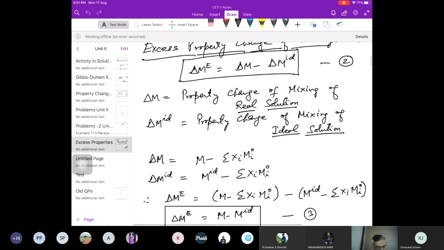Any questions? Okay. So we have defined delta M by this equation. Delta M is equal to M minus summation of xi mi0. Mi0 is for pure fluids. And for ideal it was M ideal minus summation of xi mi0.